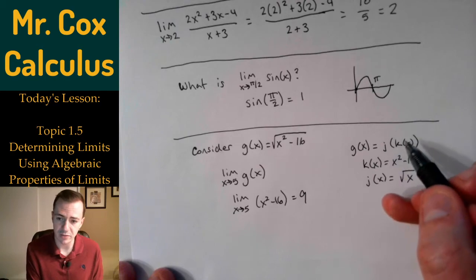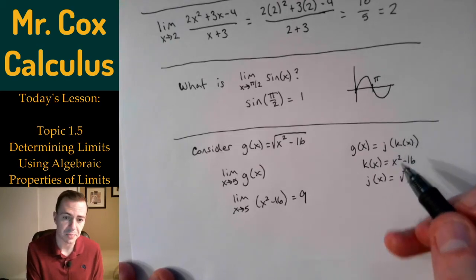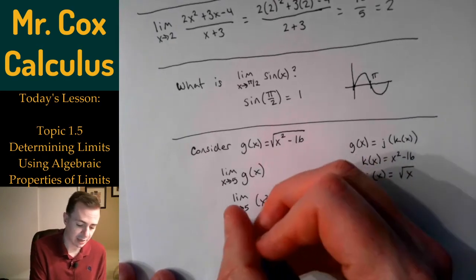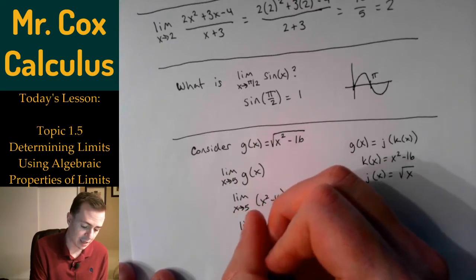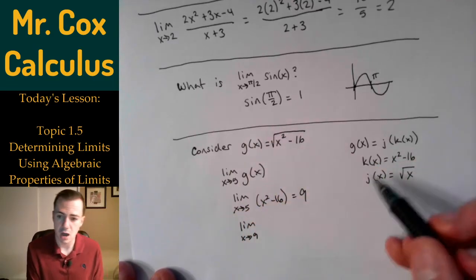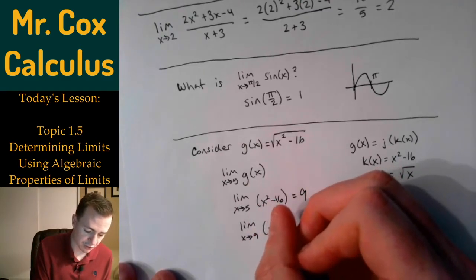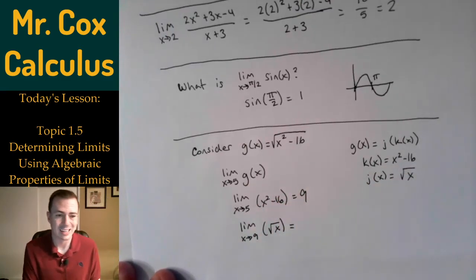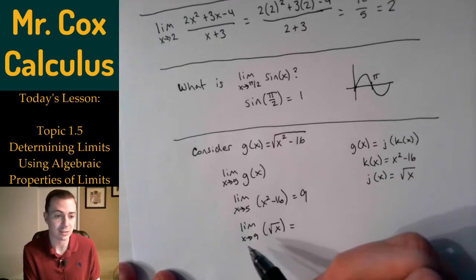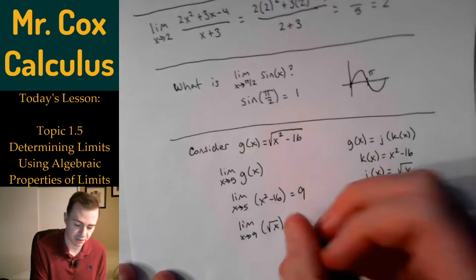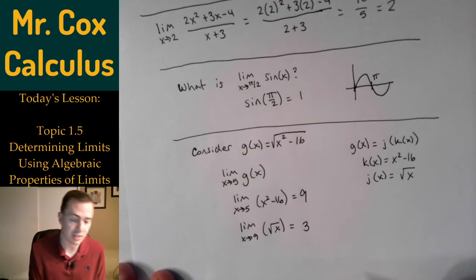So if the limit of the inner function is going to 9, then what I really need to look at is the limit as x approaches 9 of my outer function j of x, which was the square root of x. Again, that's a well-behaved function, at least at x equals 9, so it's equal to the square root of 9, which is 3.